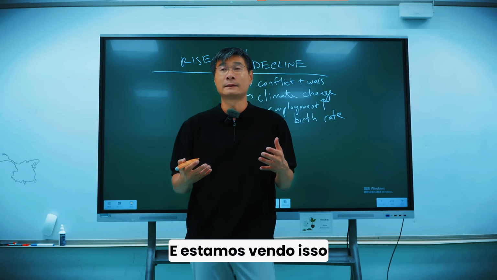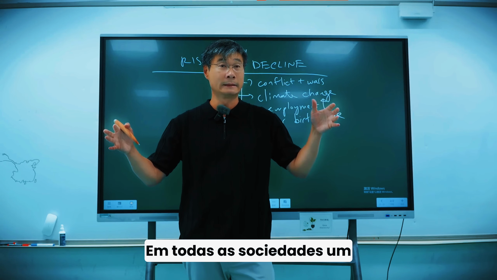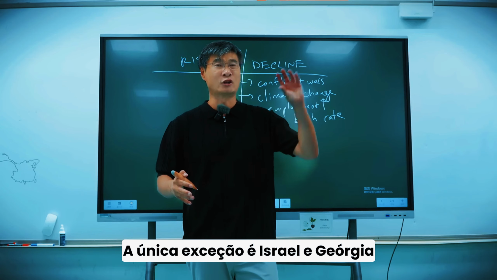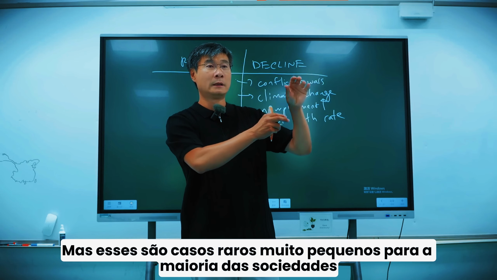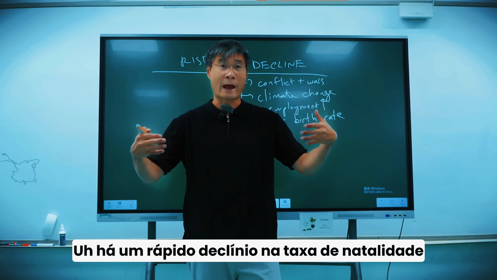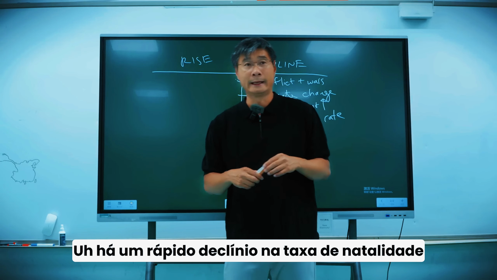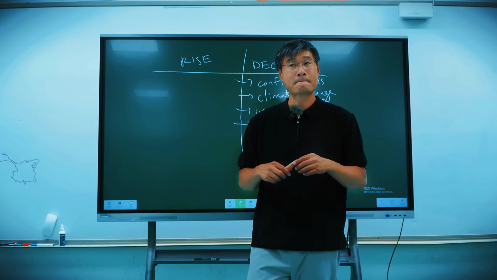And we're seeing this happen throughout the entire world in all societies. The only exception is Israel and Georgia, but these are very small, rare cases. For most societies, there's rapid decline in birth rate. What are some other signs?